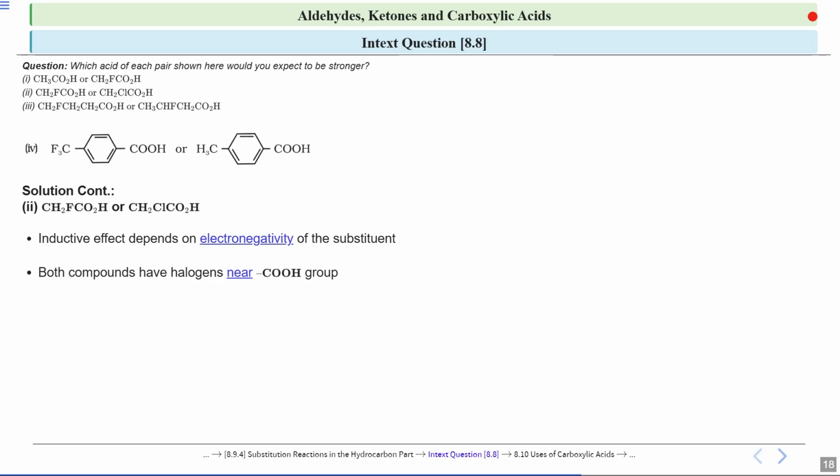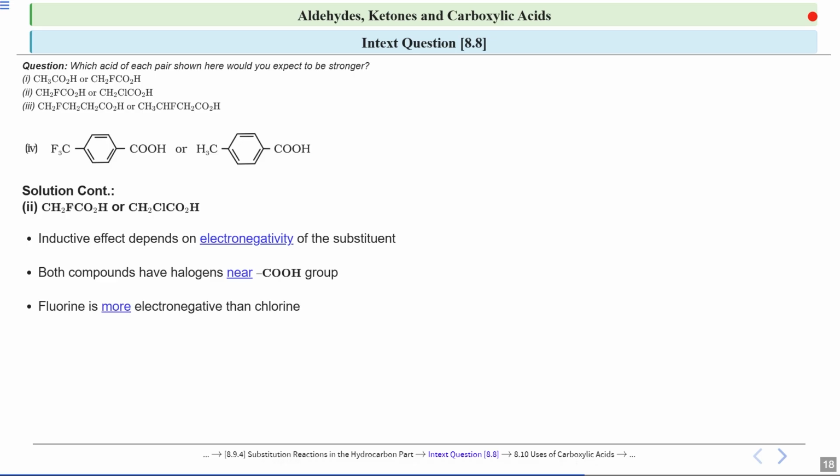Both compounds have their halogen atom, either fluorine or chlorine, attached close to the carboxylic group. This proximity means that the inductive effect will be strong in both cases. Okay, because in both the halogen atom is placed at the same position. But the type of halogen is what makes a difference.